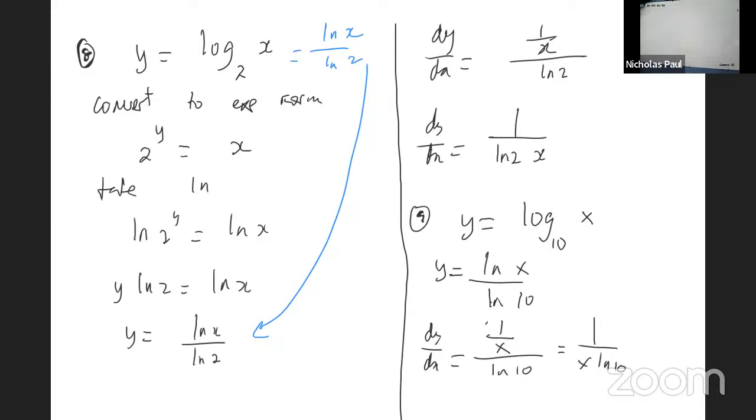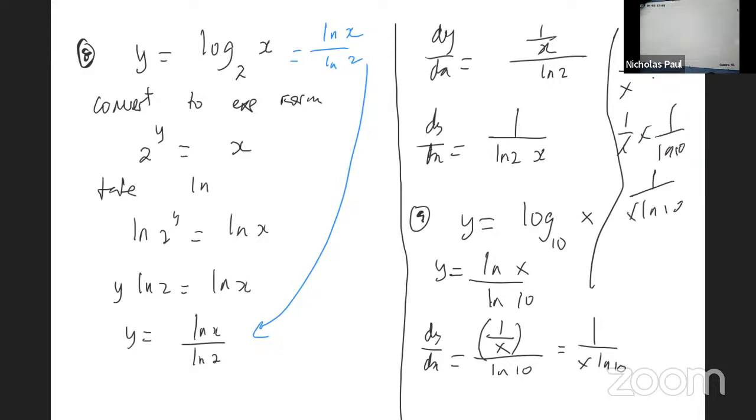So I write that there. And ln 10 is a constant, so I'll leave it underneath. That's all. So that is 1 on x divided by ln 10. 1 on x multiplied by 1 on ln 10.